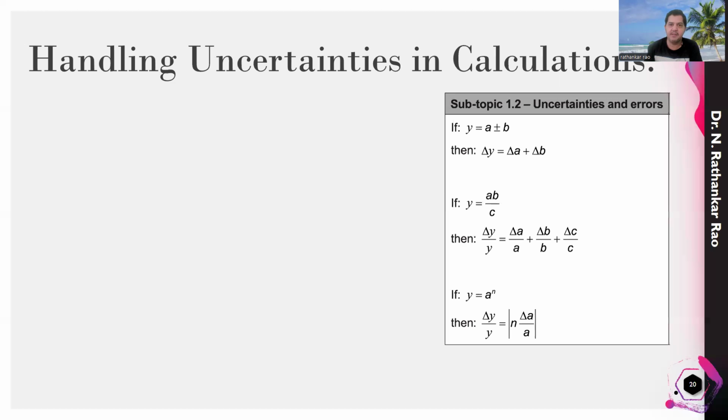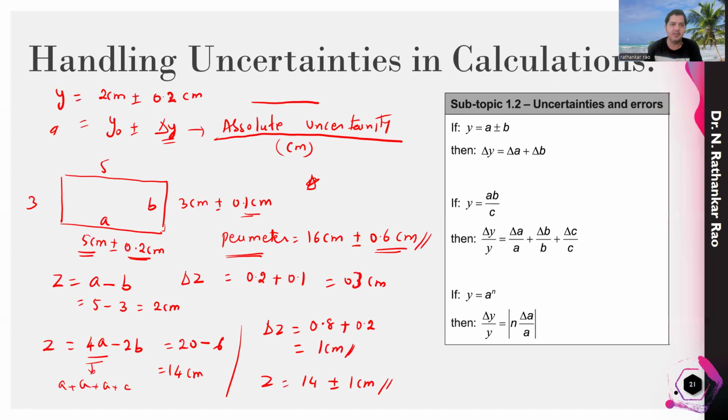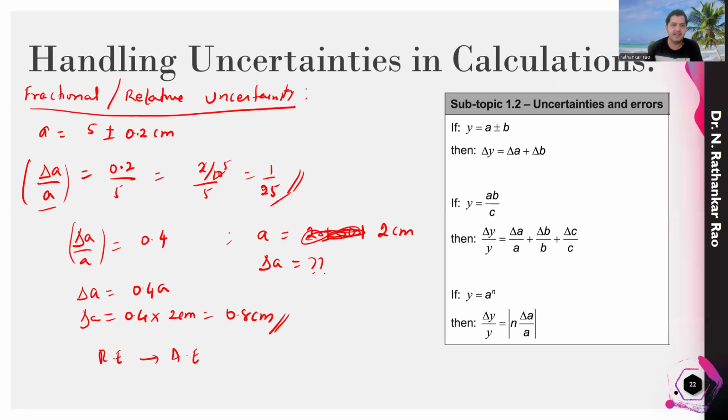In the third video, we started looking at handling the uncertainties in calculations, because there was a lot of math involved in it. We need to look into some problems using examples. We looked into this also, and how you work out this math. What is fractional uncertainty, what is relative uncertainty, what is absolute uncertainty, and how do you convert from one uncertainty to another.